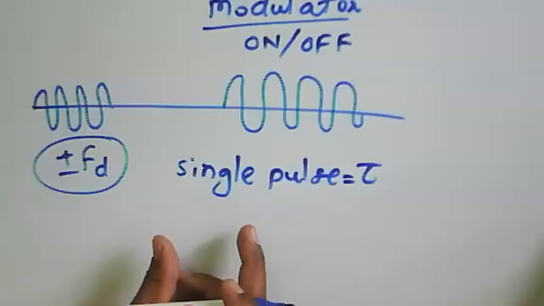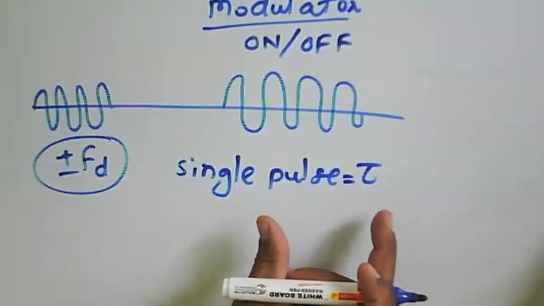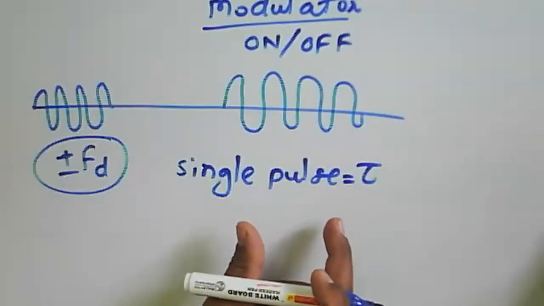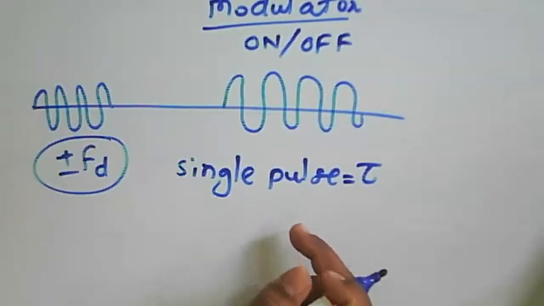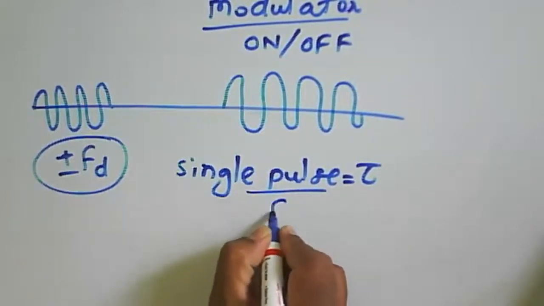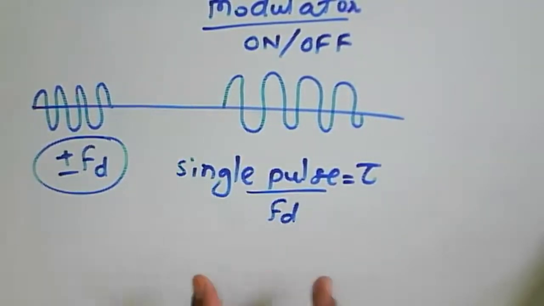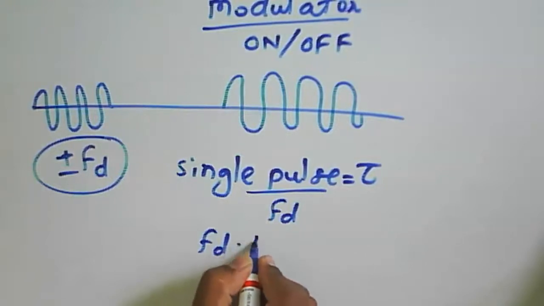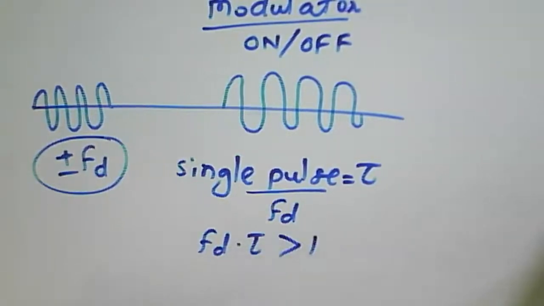Generally, for this given pulse tau, there will be at least one cycle of the Doppler frequency within the pulse. So within this single pulse there will be one Doppler cycle. That means FD times tau is greater than or equal to 1. This way we are able to detect the target.